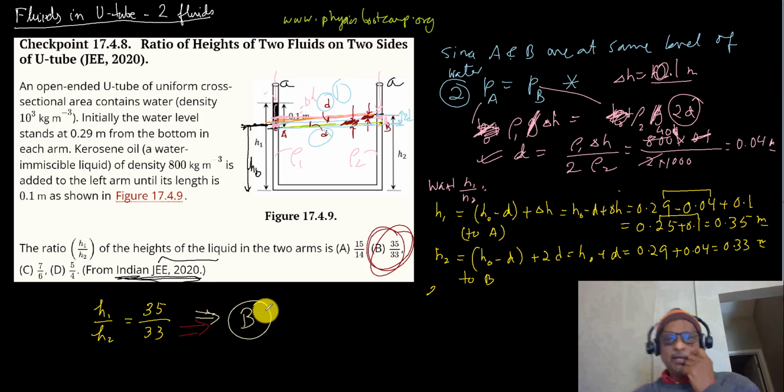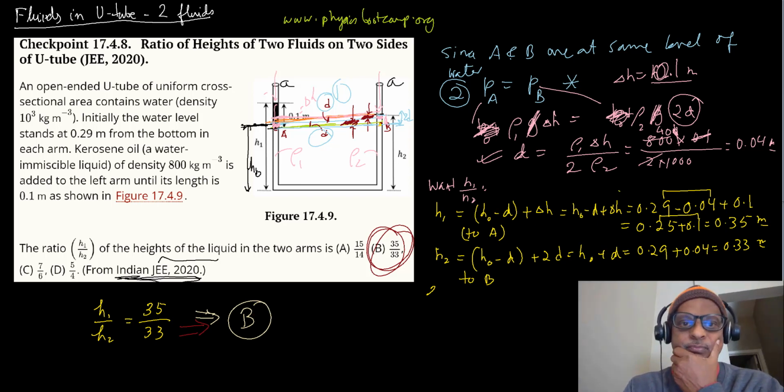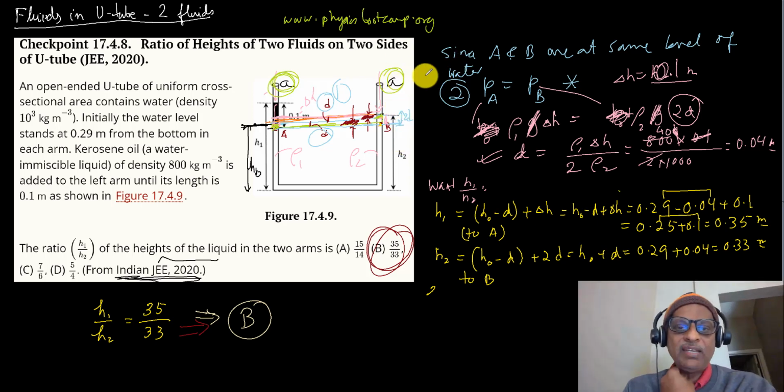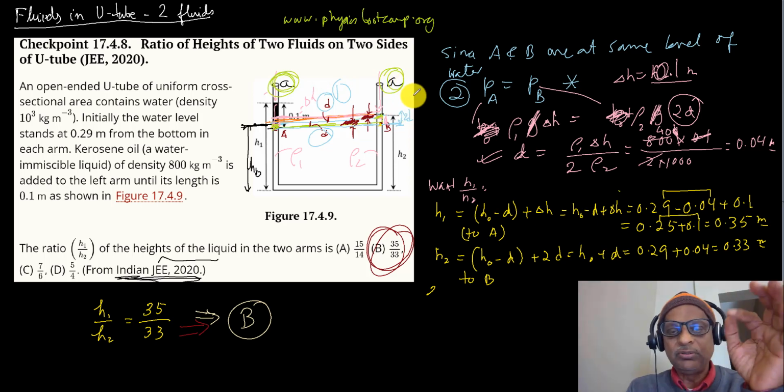It wasn't that bad. If you look at my solution, you really have to realize a couple of things. One of the things you had to realize was that what goes down here is what goes up there, and the area of cross section is the same, so the height will be the same. If the areas of cross section were not the same, that's a complication that can be addressed, then the height will go up proportionally.